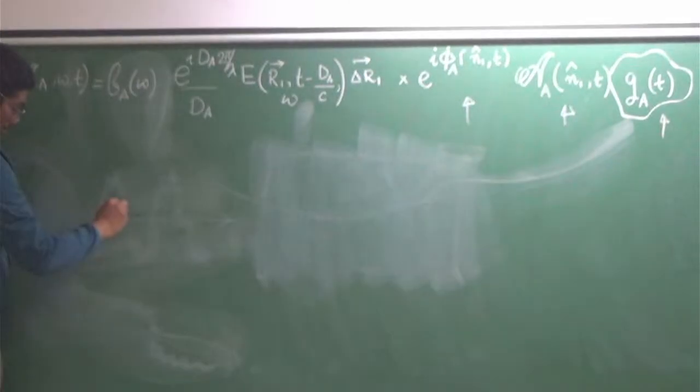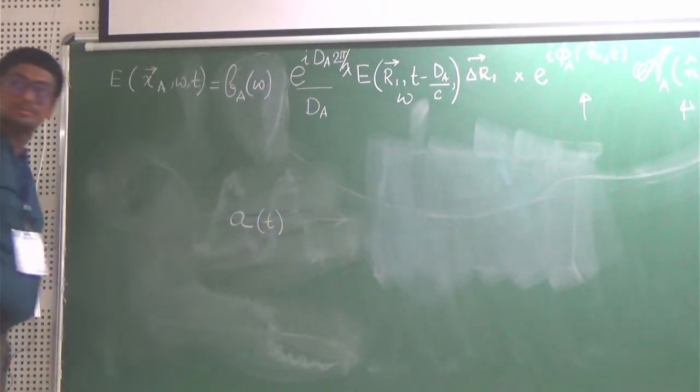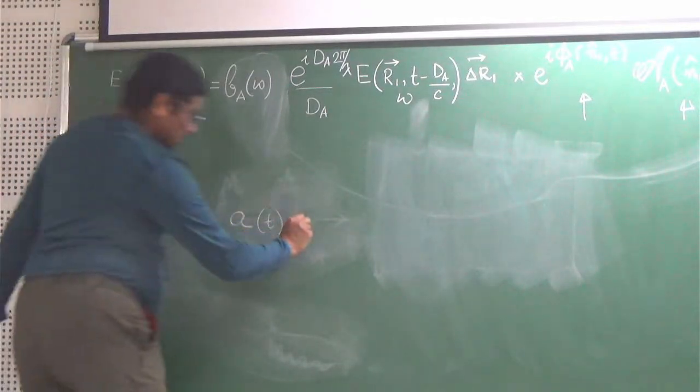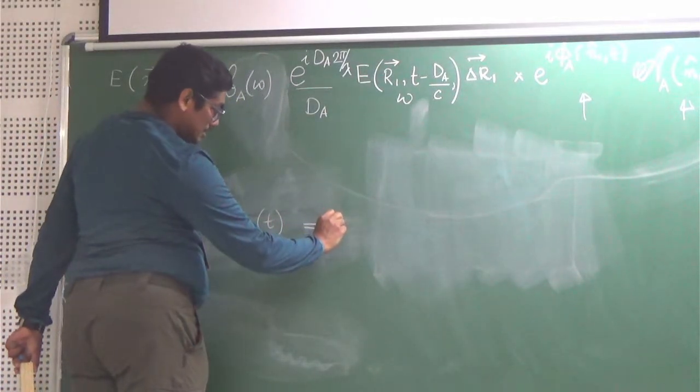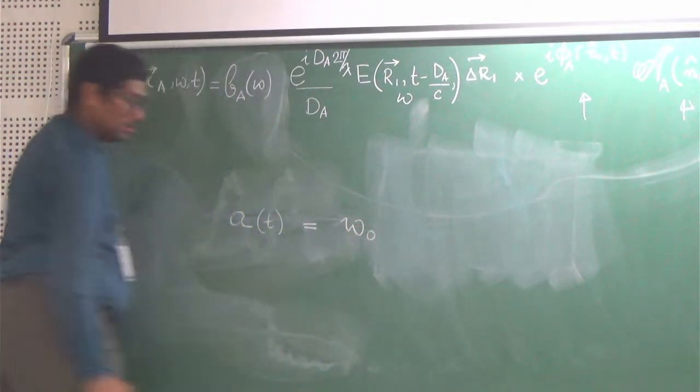See, I am talking about all these things. I have a time domain signal. Okay. So this is, let's say, because you are interested, so let me put in an omega 0 here.